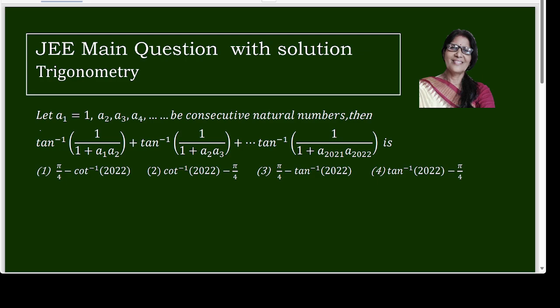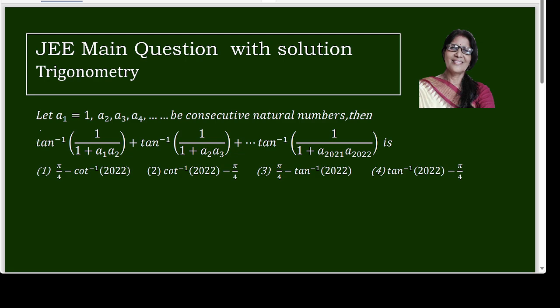Then tan inverse 1 over (1 plus a1 a2) plus tan inverse 1 over (1 plus a2 a3) plus and so on up to tan inverse 1 over (1 plus a2021 a2022) is... 4 options are given. We have to find which one is correct, or maybe many are correct.